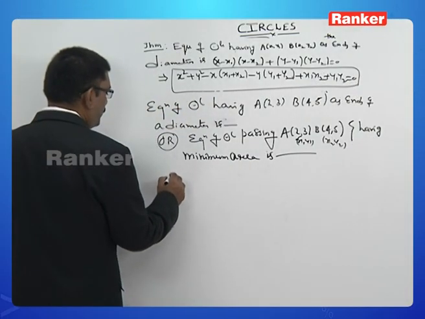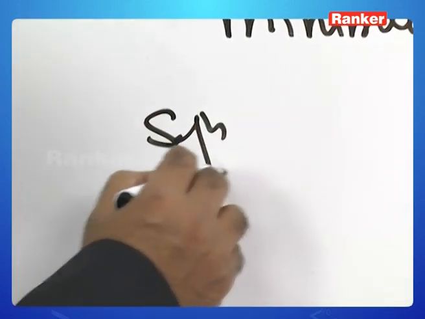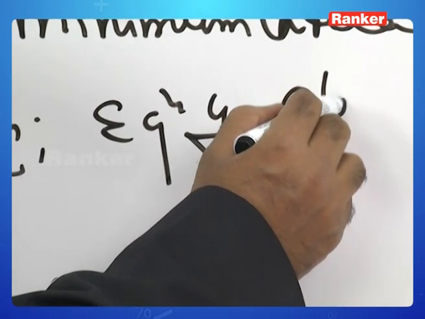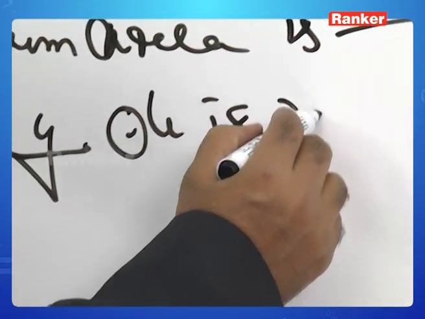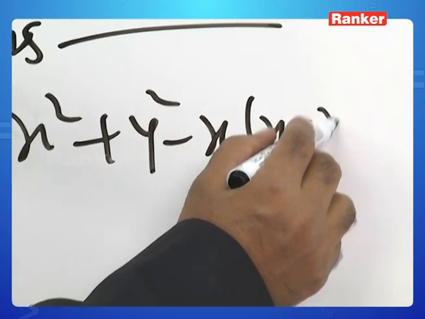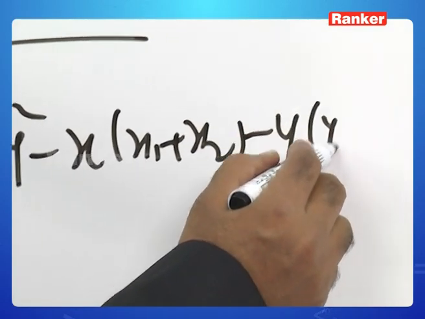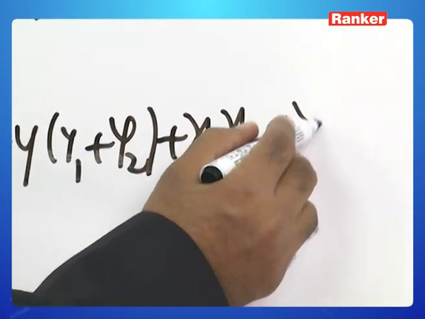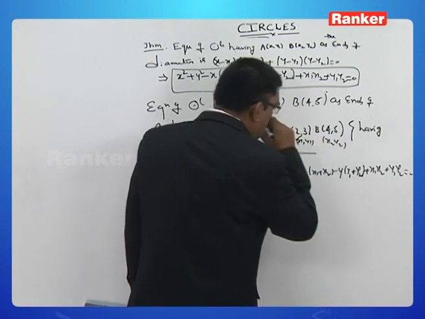Now the equation of circle is x square plus y square minus x into (x1 plus x2) minus y into (y1 plus y2) plus x1 x2 plus y1 y2 is equal to 0.